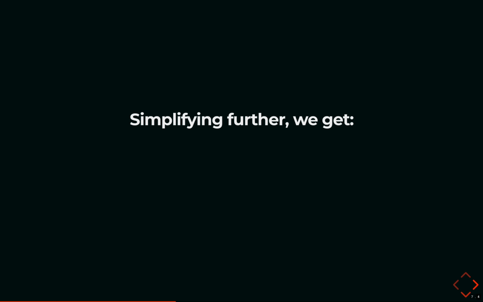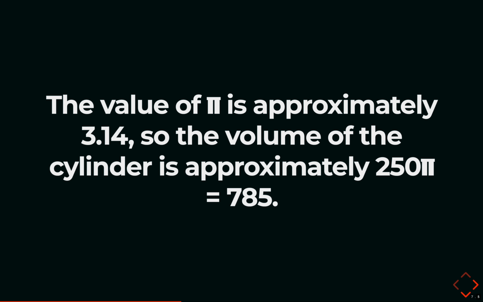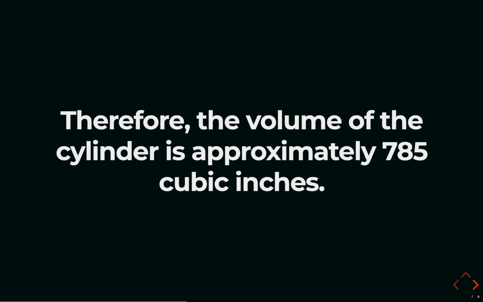Simplifying further, we get V equals 250 times pi. The value of pi is approximately 3.14, so the volume of the cylinder is approximately 250 times 3.14, which equals 785. Therefore, the volume of the cylinder is approximately 785 cubic inches.